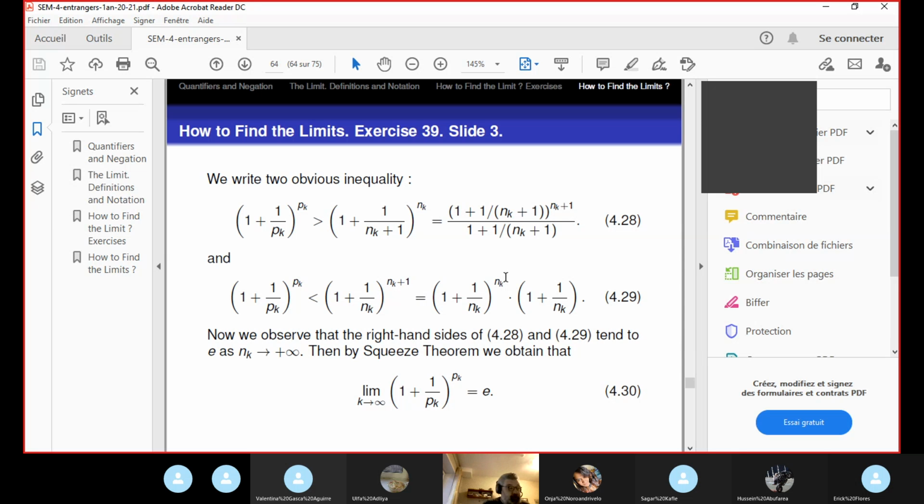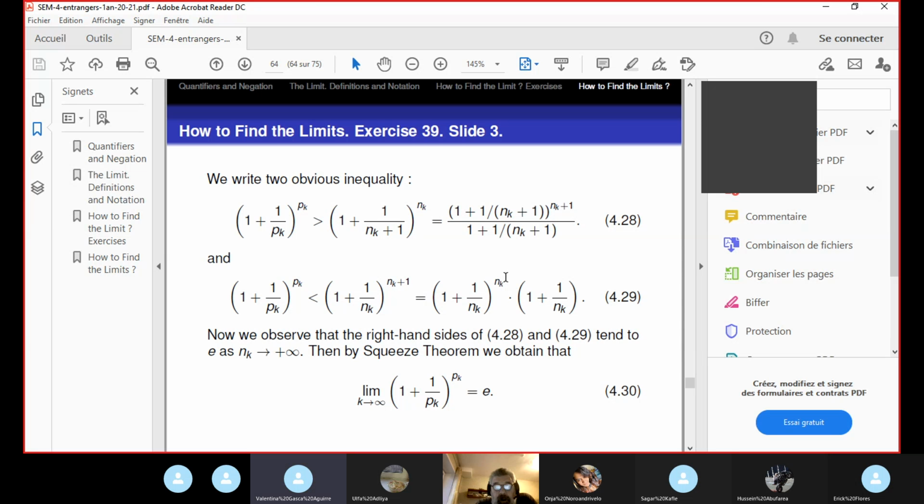Then you see, in this case, my denominator p sub k is less than n sub k plus 1. So, first of all, it is clear that 1 plus 1 over p sub k is greater than 1 plus 1 over n sub k plus 1. Clear?